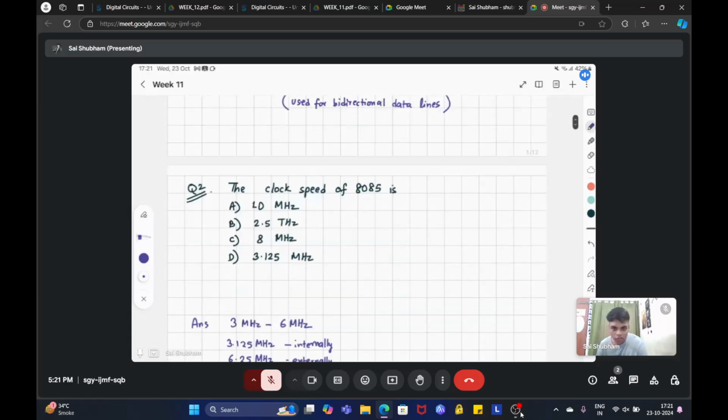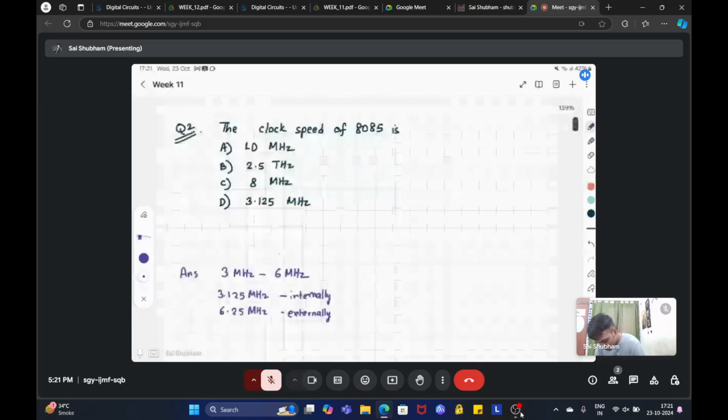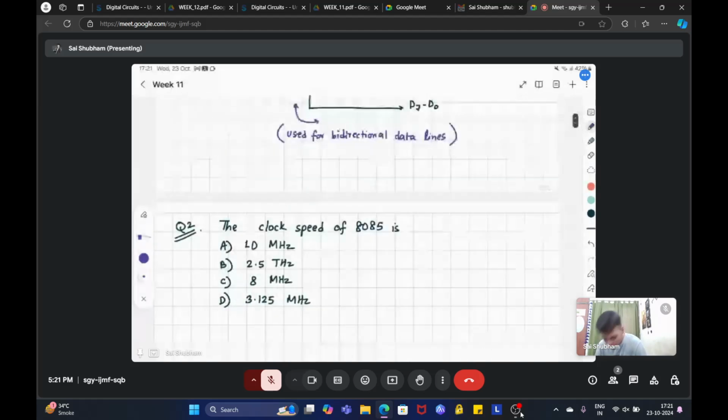The clock speed of the 8085 is: 10 megahertz, 2.5 terahertz, 8 megahertz, or 3.125 megahertz.